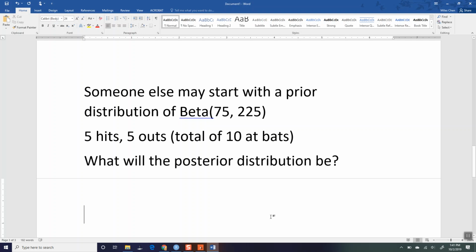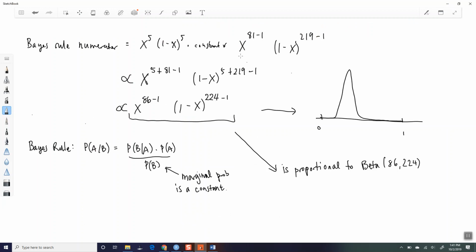Okay, did anyone figure this out? So again, we would follow the exact same work here, except all we're changing is that 81 will be changed down to 75, and 219 will be changed to 225. The likelihood is going to be the same, x to the 5 and 1 minus x to the 5.